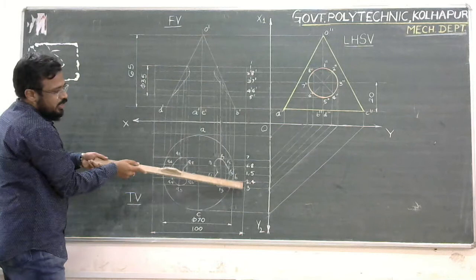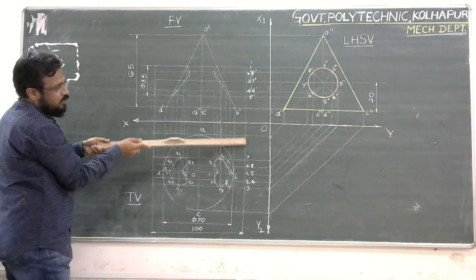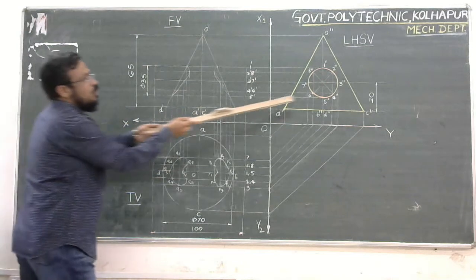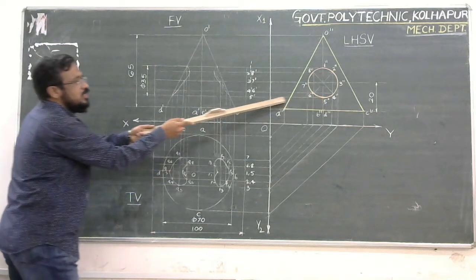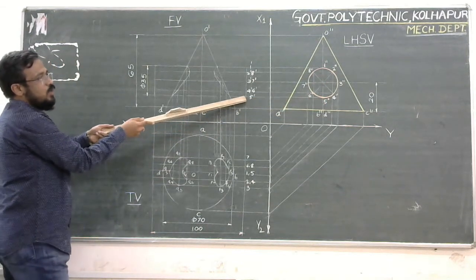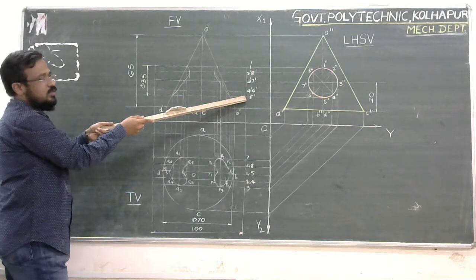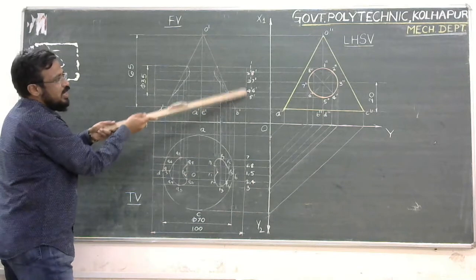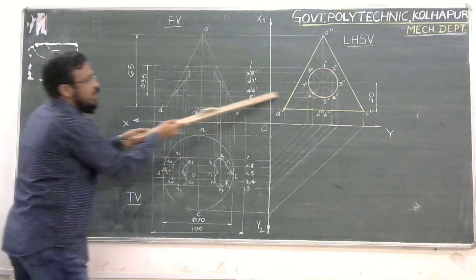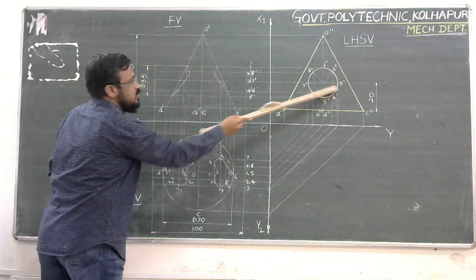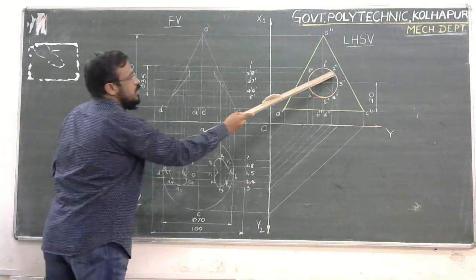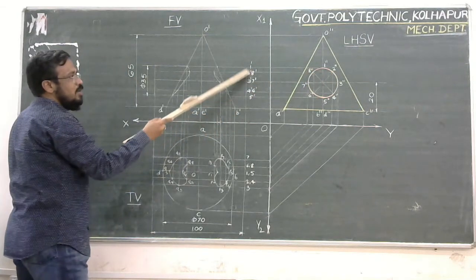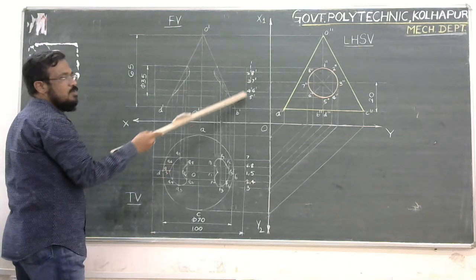I have projected one limiting edge of the cylinder from the top view vertically to the front view, and from the side view I have projected this 5 dash point. Wherever these two lines meet, I will get the intersection point as point 5 dash. Similarly, on this vertical line I may get this 4 and 6 also, I may get this 3 and 7 also, I may get this 2 and 8 also, and this point 1 also.